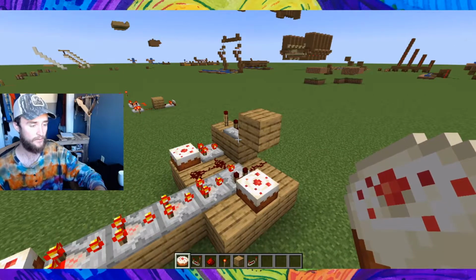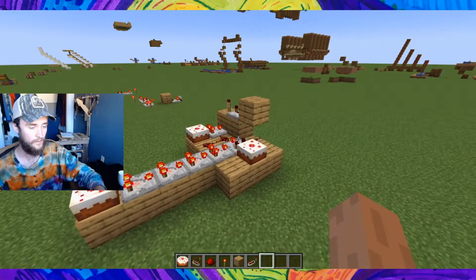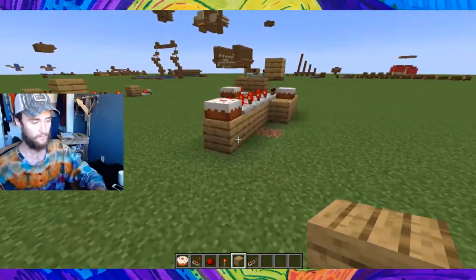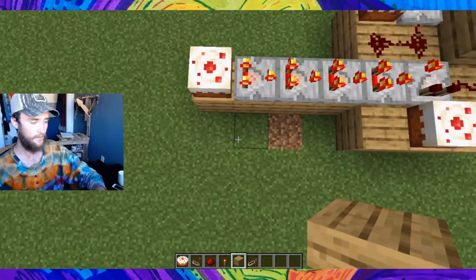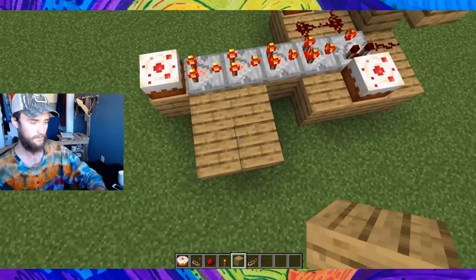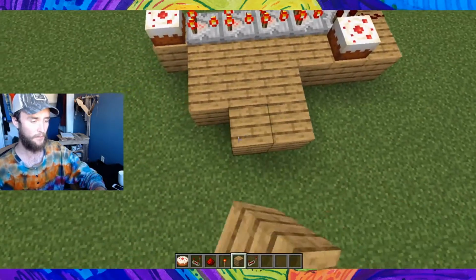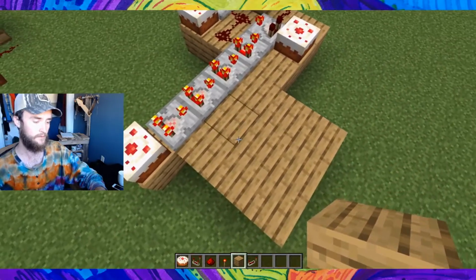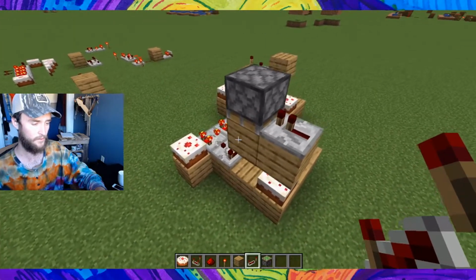Now what we can try to do is start to hook some of these together. Although we need some way to make the input a consistent pulse length. How do we want to do this?